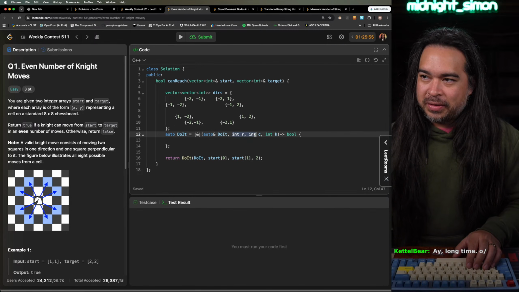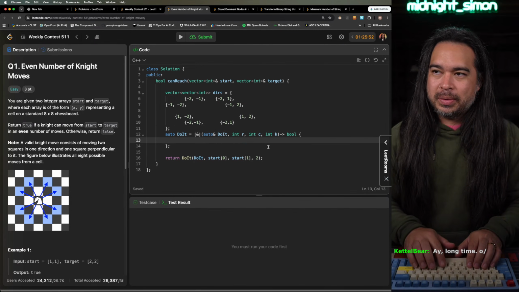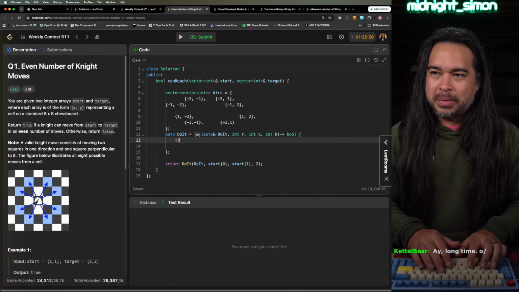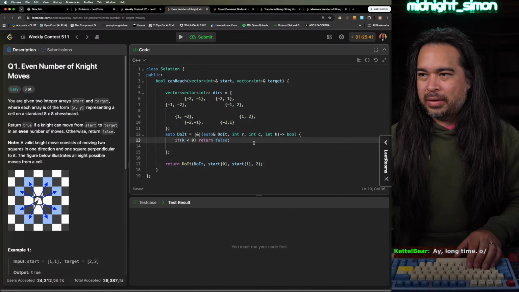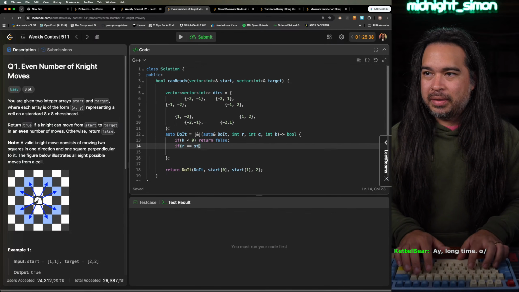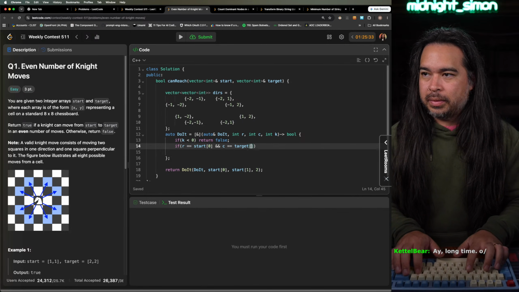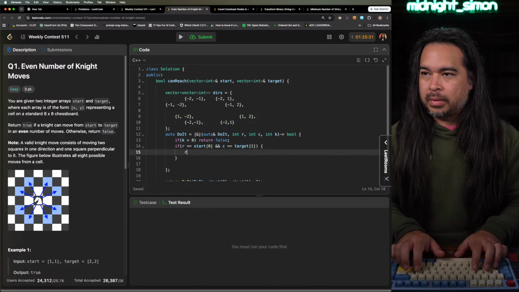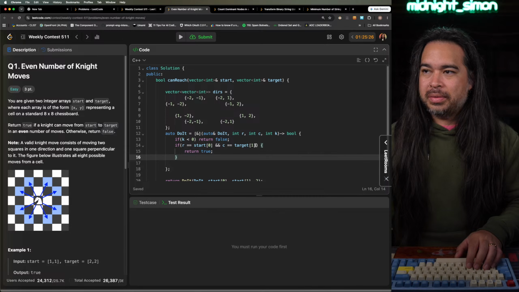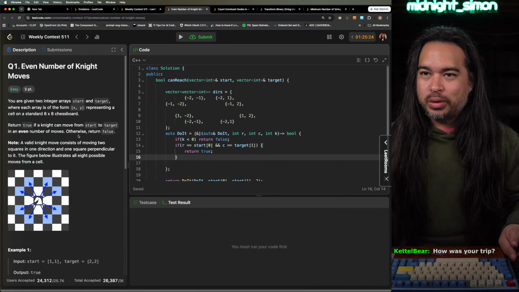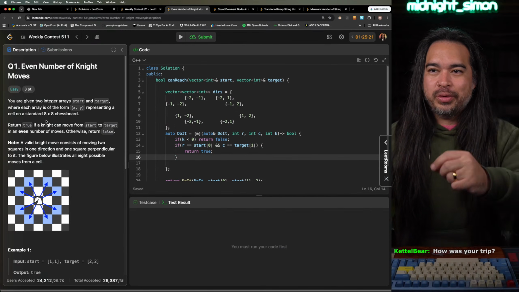I'm trying to start from here, and we got 2 tries. So basically, let me put some things. I don't know if I should do it there or not, or if I should be like, so if R and C are at the target, oh, not 2 moves, even number of moves, man.